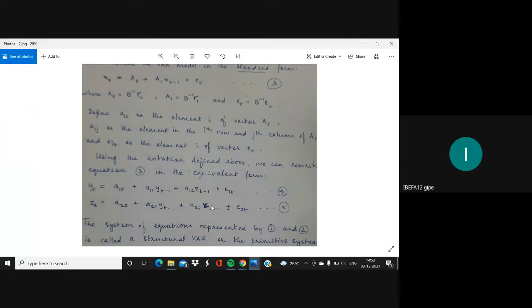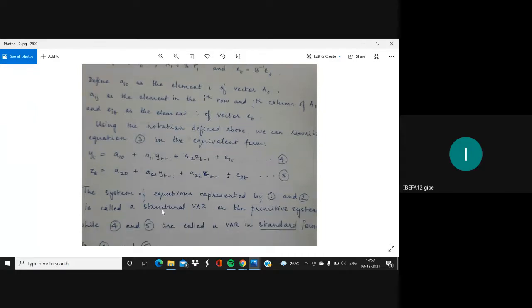Now if you look at the system of equations represented by 1 and 2, they are referred to as either the primitive system or a structural VAR. Any structural model generally has endogenous variables appearing even on the right hand side. So in equation 1 and 2, you had zt and yt appearing on the right hand side.